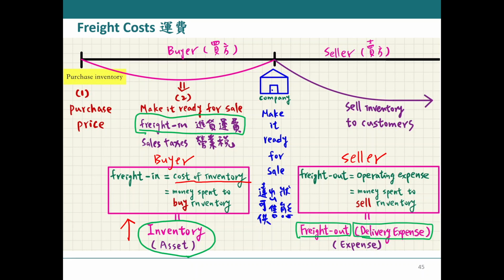Why is that our expense? Because when you sell the inventory to a customer, you try to earn the revenues, right? When you try to earn the revenues, you have different kinds of expenses incurred, including delivery fee.